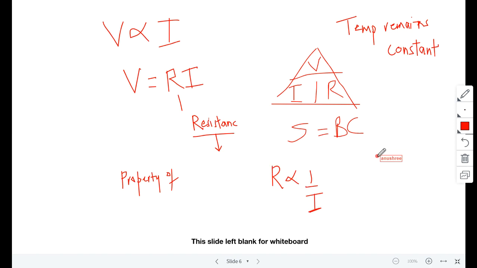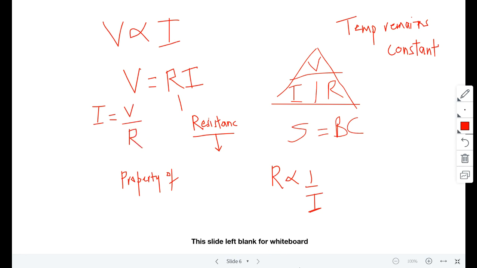So for this, did you put one over I? It's inversely proportional, otherwise we get it from here, so you can write I equals V over R. Okay, I understand.